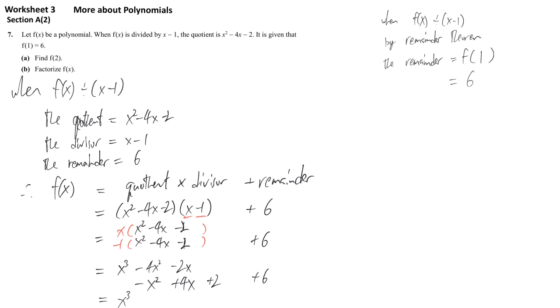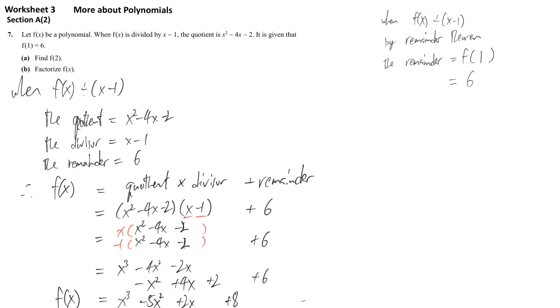So I can easily add the like terms together. -4 and then -1, it is -5x squared. -2 plus 4, it is positive 2x. And positive 8 here. So before that, we had no idea what is f(x), but they give us all the components. They try to tell us the remainder implicitly. We have to understand the implication, and then we rebuild our original function like this.